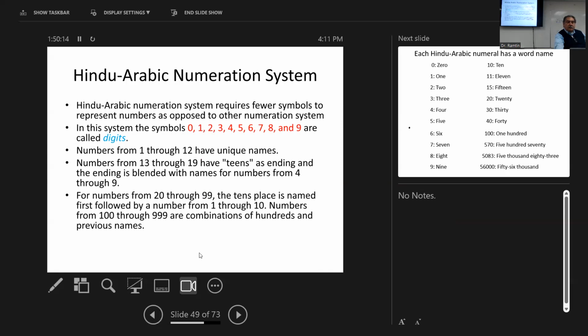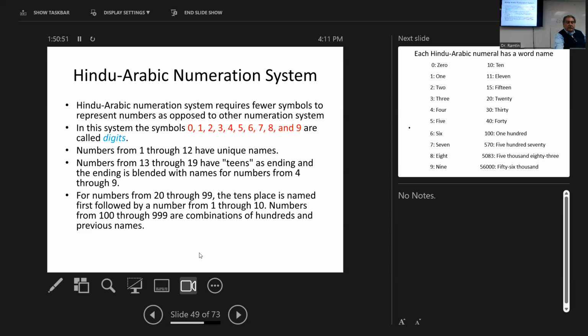It requires fewer symbols, and that's why it became universal, and other numeral systems did not survive, because it became impossible to do operations within Babylonian or Roman or Mayan. They don't have zero, and in Hindu Arabic, with these 10 digits 0 through 9, we can do all the numeration that we want.